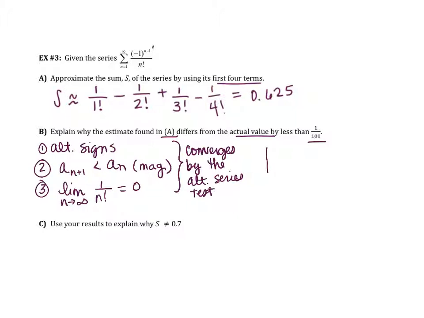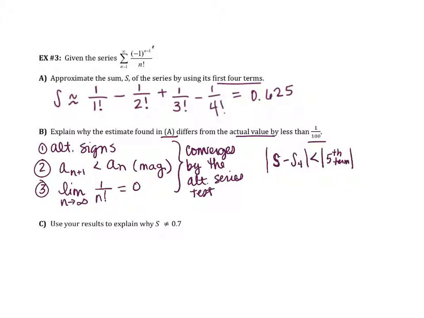So we're going to take the actual sum of the series, because we're trying to show that the difference is less than 1 over 100. So I take the actual sum, whatever that is, and subtract out of that the partial sum of the first 4 terms. I want that to be less than the magnitude of the 5th term, not the 5th partial sum, my gracious, of the 5th term.